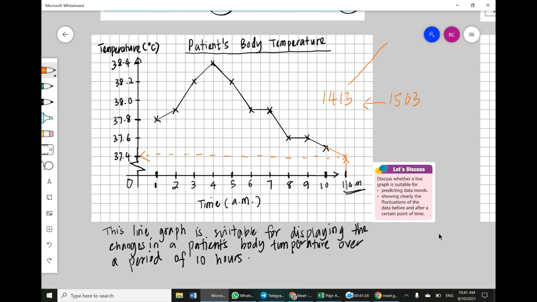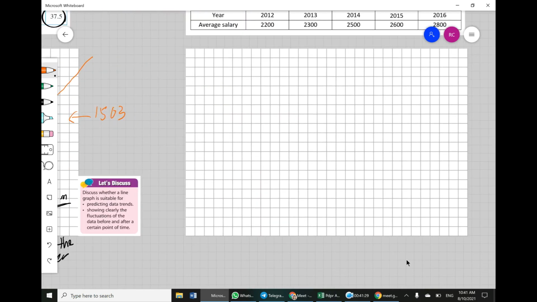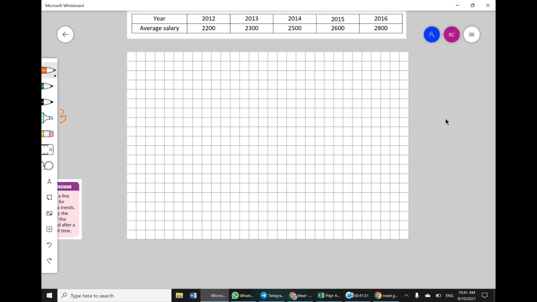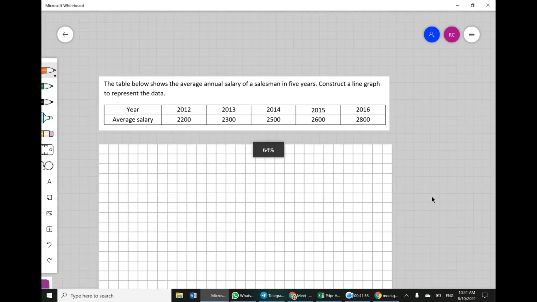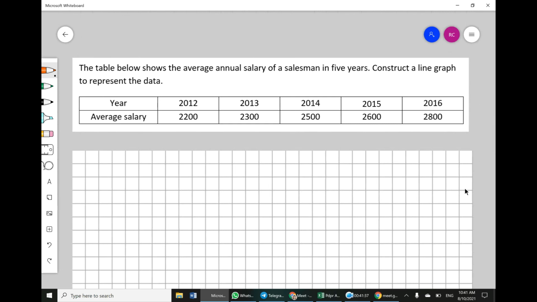Yes. So now, just now I asked you to get ready a piece of grid paper, right? In the beginning of the class before we start the lesson. So let's try this out. You have your paper with you. Right now, I'm going to ask you to draw the first step. That is to draw the horizontal and vertical axis on the grid. So look at the question here.